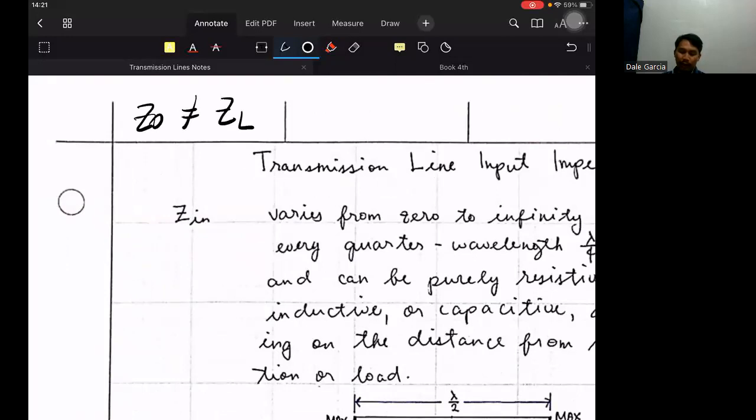But normally, the usual case is when the characteristic impedance ZO is numerically not equal to the load. It gets trickier if our load is a complex value. Most of the time, as I emphasized in the video, the load is a complex value, meaning it has an imaginary component.